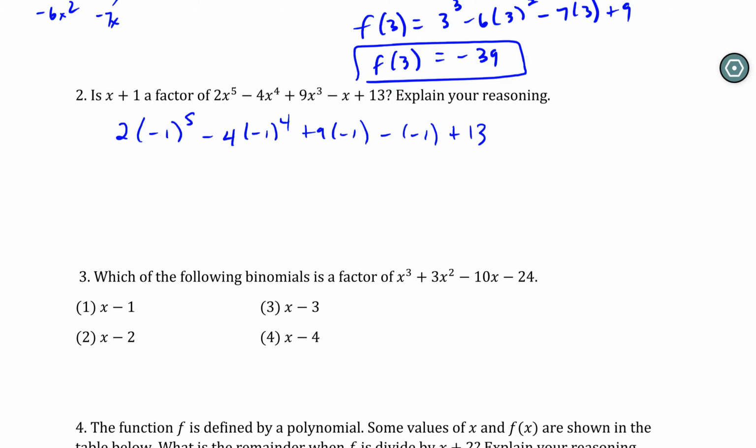If this doesn't come out to be 0, well, then it's not a factor. So this is going to become negative 2 minus 4 minus 9 plus 1 plus 13. So we wind up having negative 6, negative 15, 14. Well, that comes out to be negative 1. Therefore, this is not a factor.